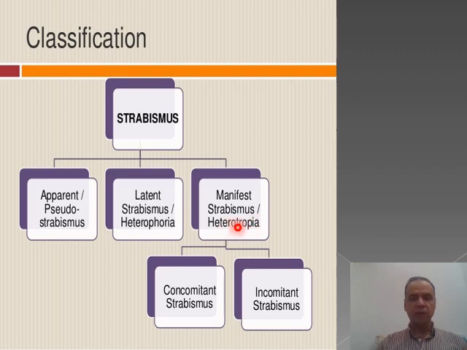And heterotropia can be of two types: either concomitant or comitant non-paralytic, and the second one is incomitant or paralytic strabismus. In the following slides, I will discuss and give you examples of each one of those five types.